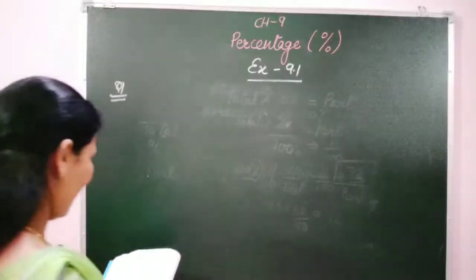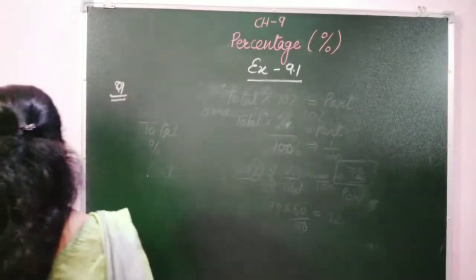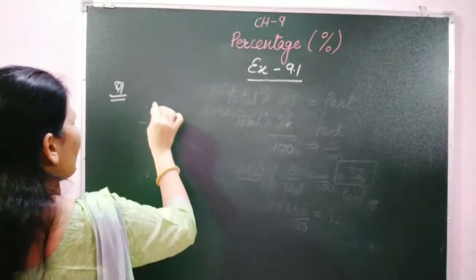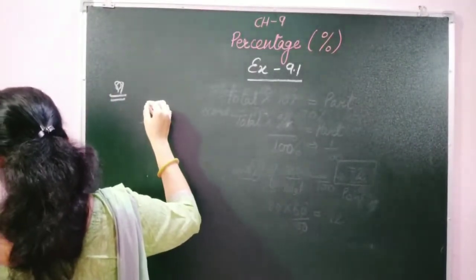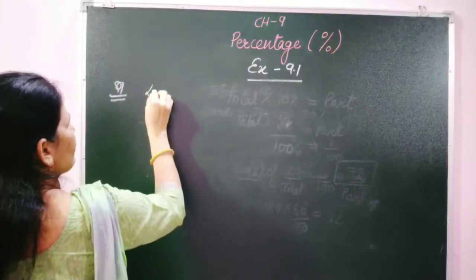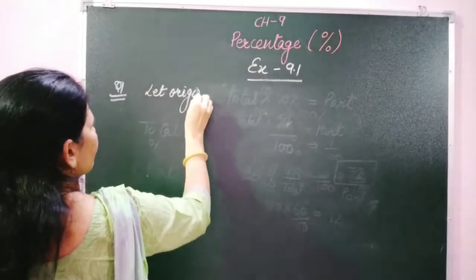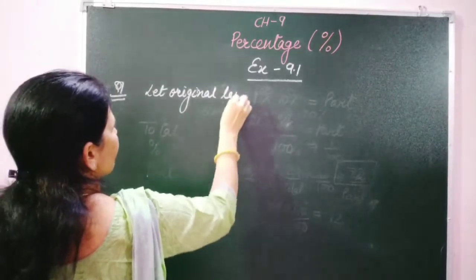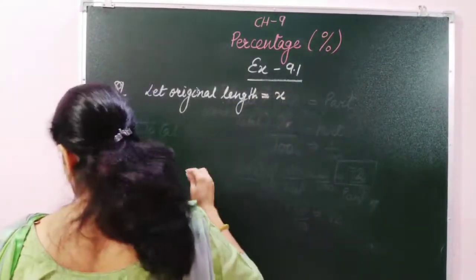So what they have given in this question, I am going to write: increase. First of all we have to assume the total strength. So here we will write, students, original strength. Let the original strength be x.